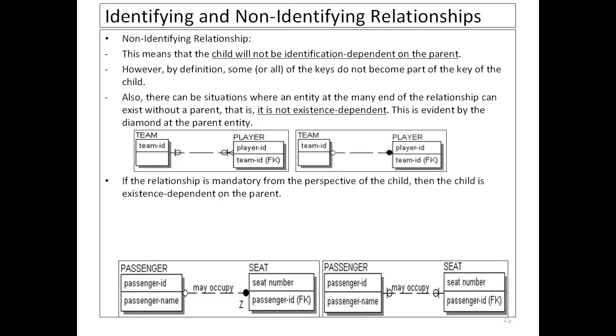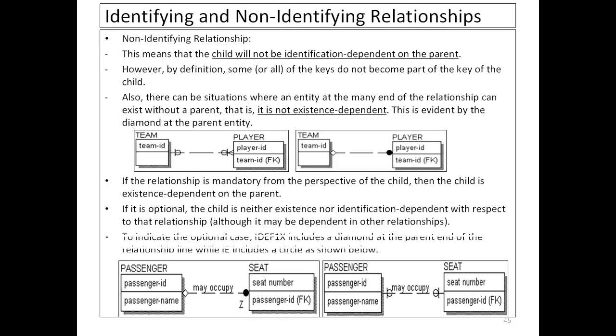If the relationship is mandatory from the perspective of the child, then the child is existence dependent. If it is optional, the child is neither existence nor identification dependent, although it may be dependent in other relationships.